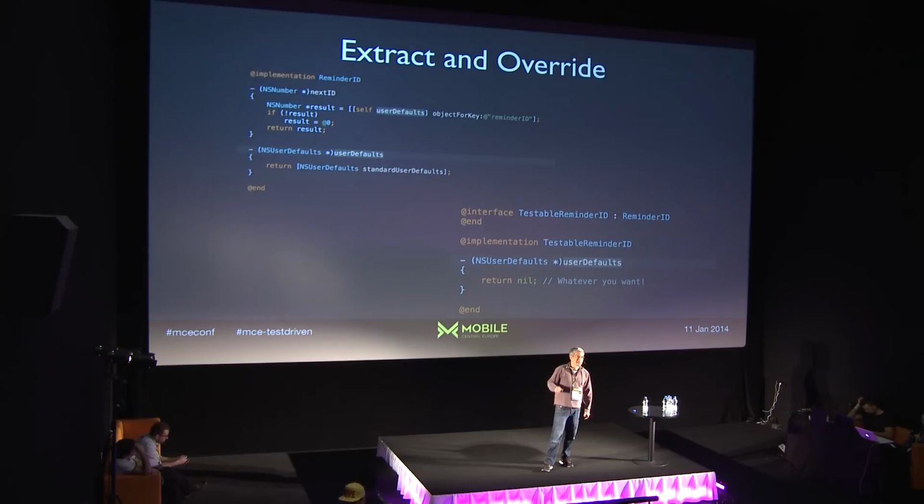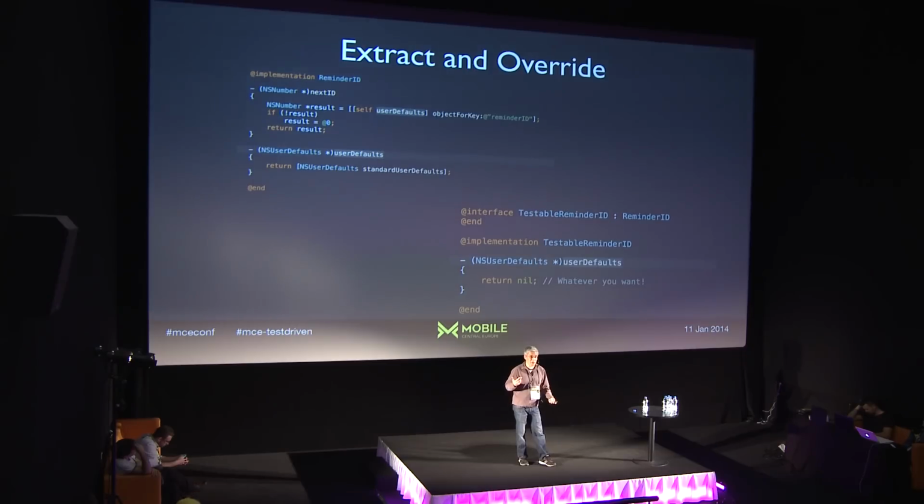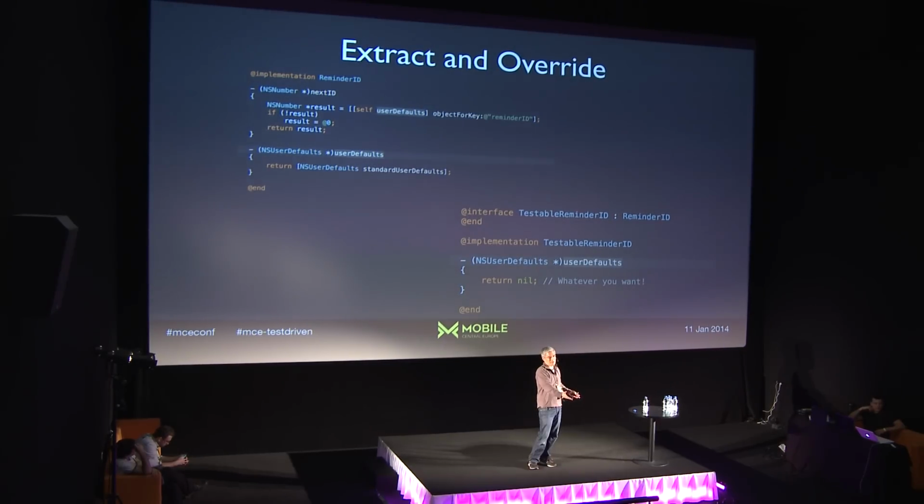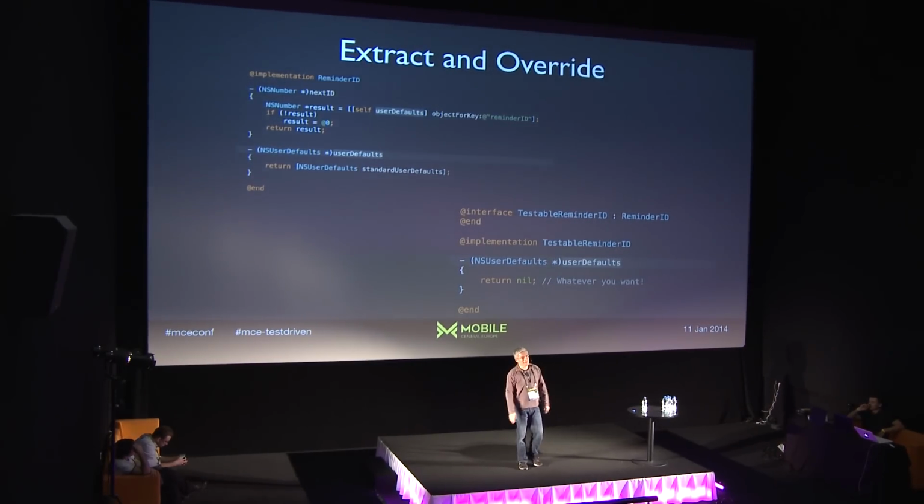Now, one of the dangers of this technique is that it is so easy. It is easy and powerful. It's a good way to start, but it can lead to fragile tests. You can imagine if you change your production code, like if you change the name of the method that's being overridden and you didn't do so over on the other side, things can break.